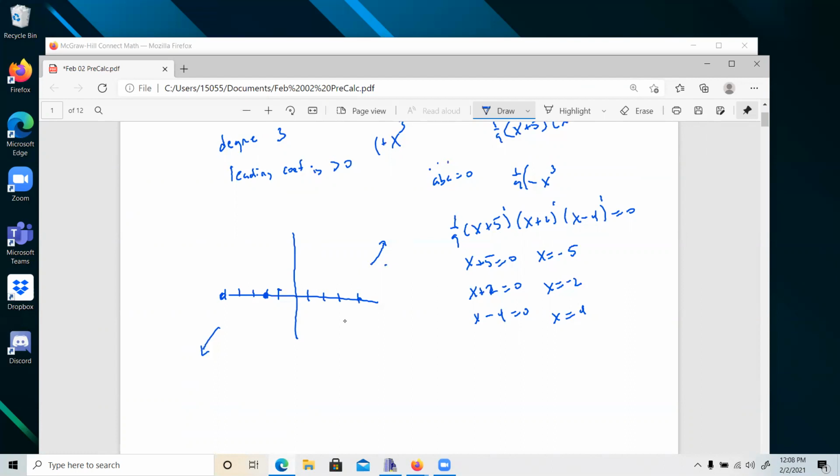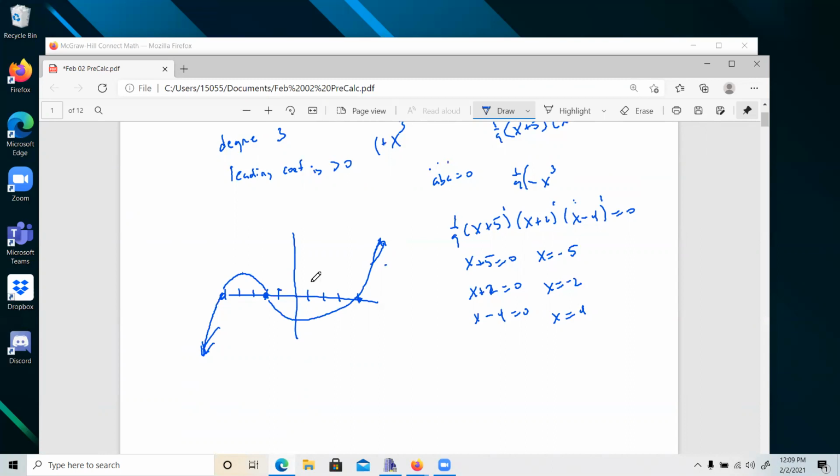But if this was an even number, then it bounced. In this case, because these are all positive, it's going to go through because it's only a 1.